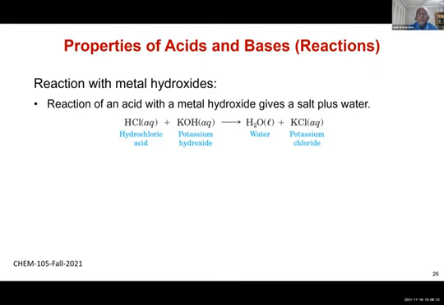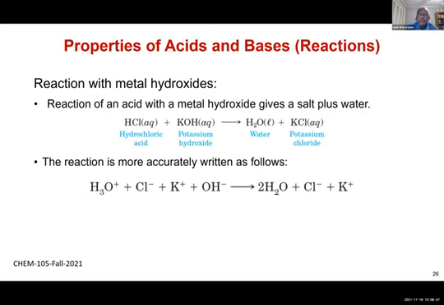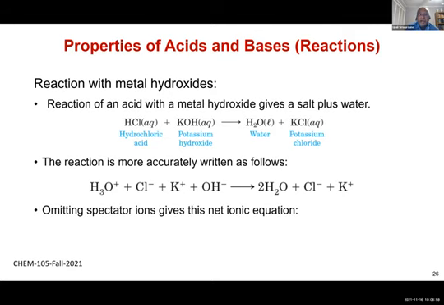This is a neutralization reaction that produces water and potassium chloride. For this we can also write the total ionic equation and the net ionic equation. When you remove spectator ions, the neutralization reaction is basically hydronium ion plus OH ions producing water.